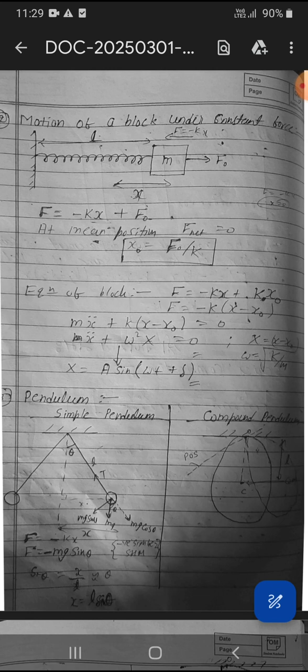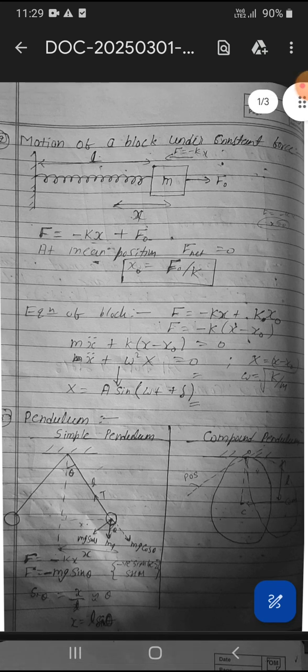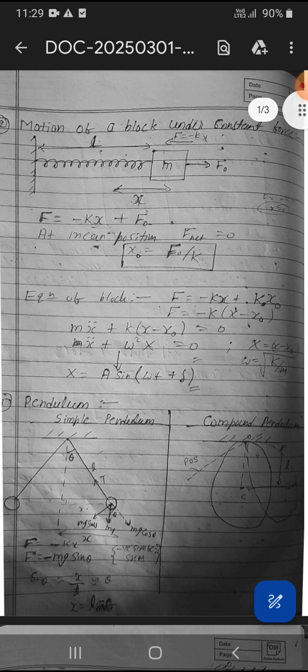Now here one question I would like to ask you all. If this constant force is not present over there, that is, for a simple spring block system, where is the mean position? If you know, you can answer in the comment.